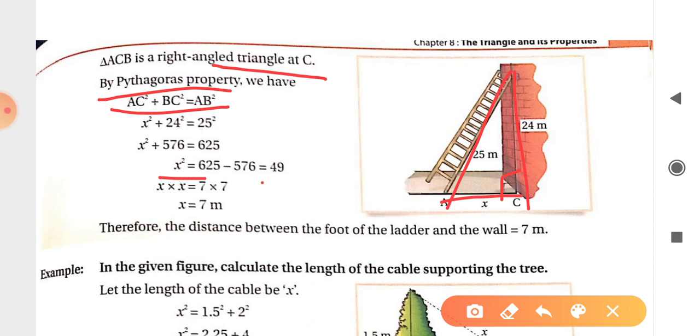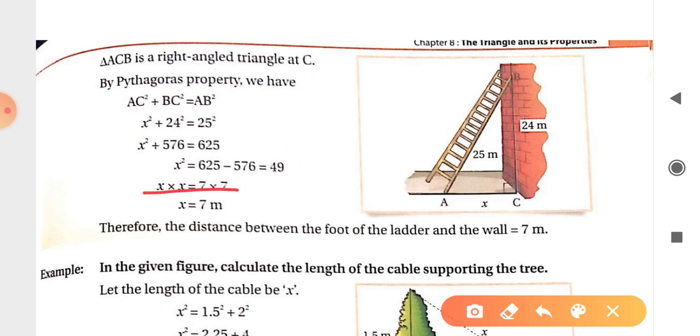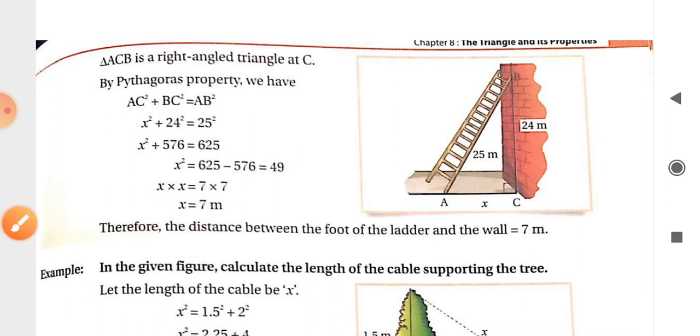Then x square will be equal to 49. Then we have to find a number whose square is 49, and that number is 7, because x square is equal to 7 square. Then x is equal to 7 meter is the answer. So the distance between the foot of the ladder and the wall, that is AC, is 7 meter.